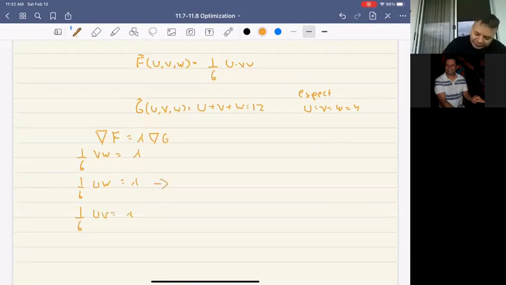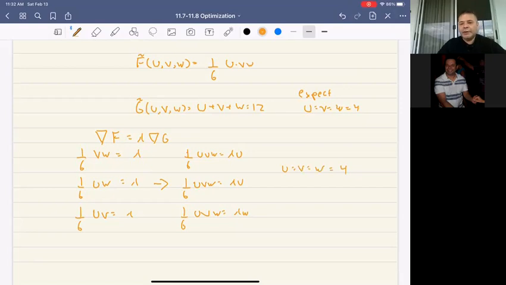Again, multiply by the appropriate thing. 1/6 UVW equals lambda U. 1/6 UVW equals lambda V. 1/6 UVW equals lambda W. U equals V equals W, which then has to equal 4.